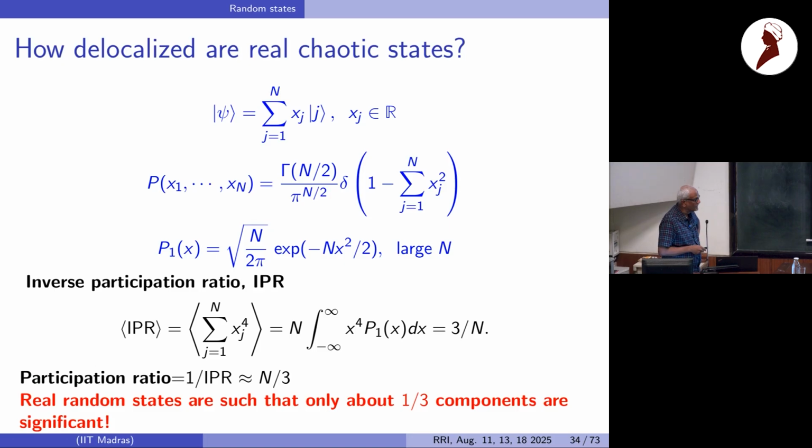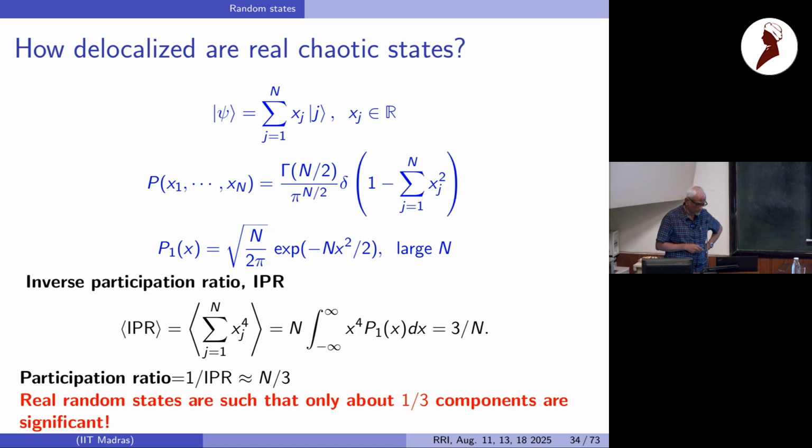If this is the only constraint, then you will call that a random state. And so here is a joint probability distribution of the amplitudes of the state psi, x1 to xn. n is the dimensionality of the space, so there are n components. The joint probability of this is simply delta of 1 minus sum of xj squared.